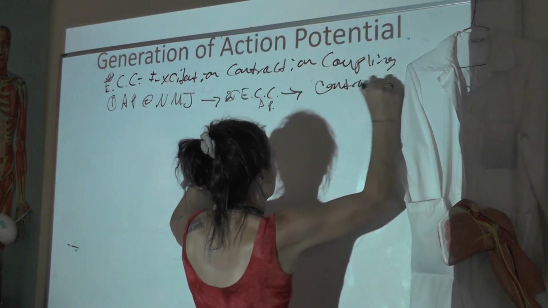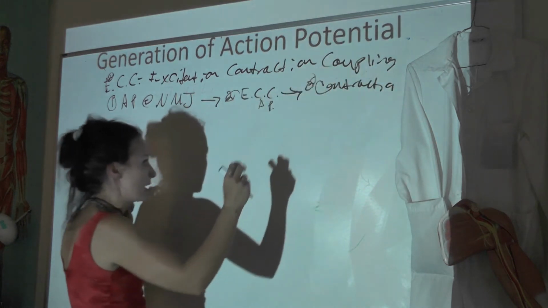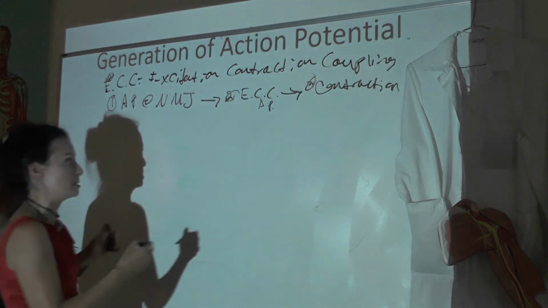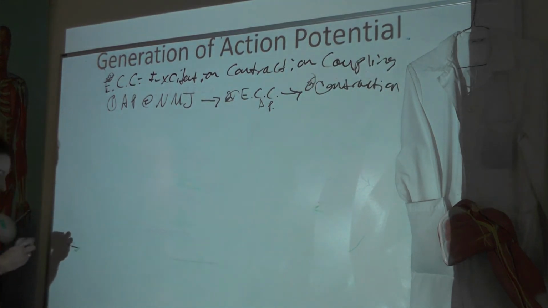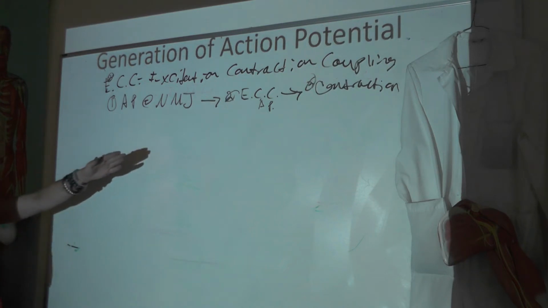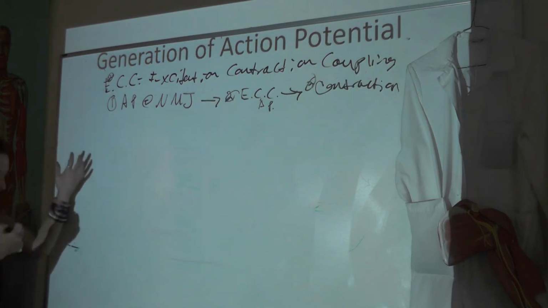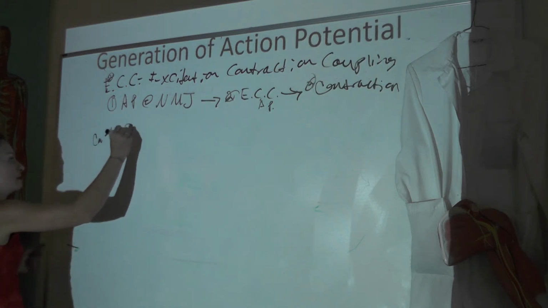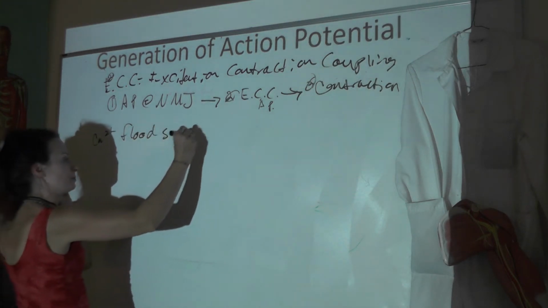That's our third step. What we're trying to get to is muscle fiber contraction, how one individual muscle fiber shortens. And what we have to do is get calcium out. Where we left off, we said calcium floods the sarcoplasm.